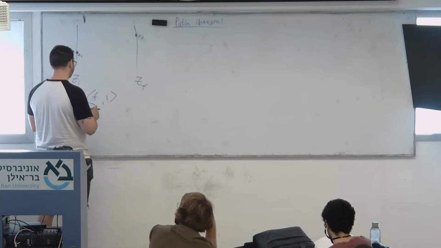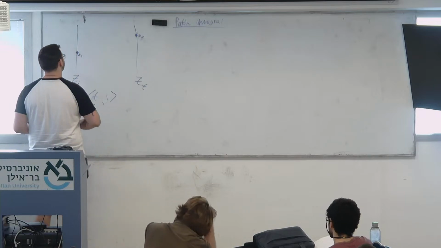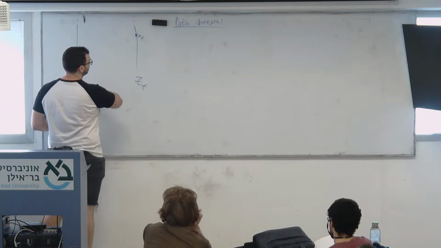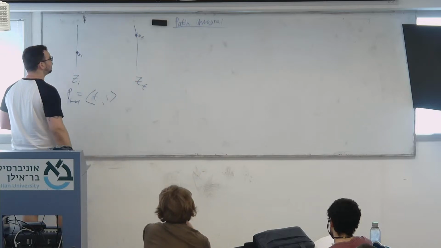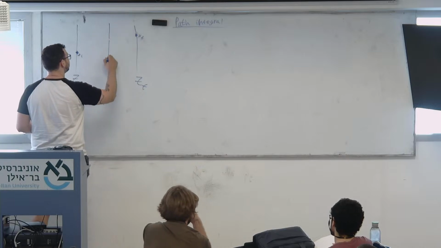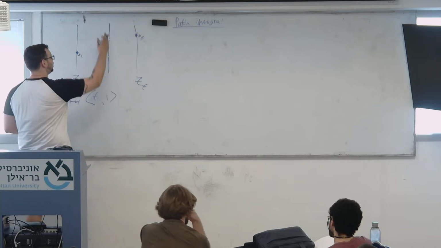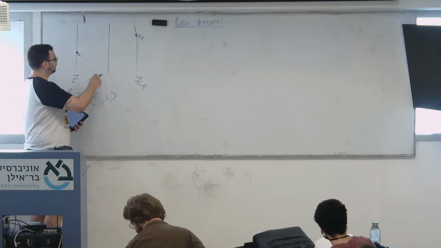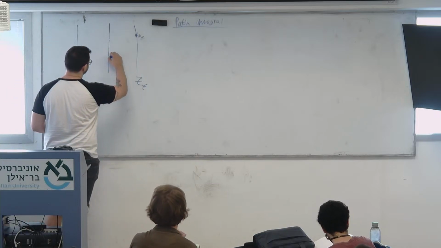So, if we can't really calculate it directly, let's just for a second put in some blocker inside with 2 slits. See what happens.